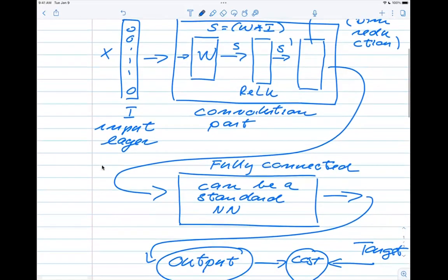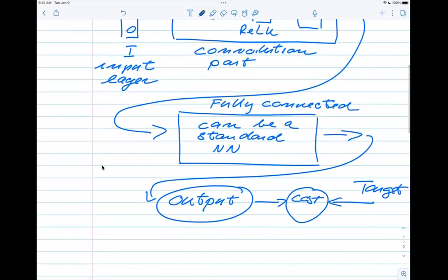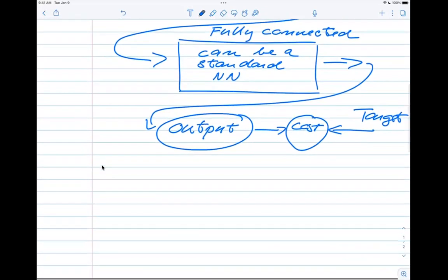So the basic layout now, when you're looking at the setup of a convolutional neural network, is that the convolution stage itself has 2 new types of hyperparameters, which we also partly discussed last week.